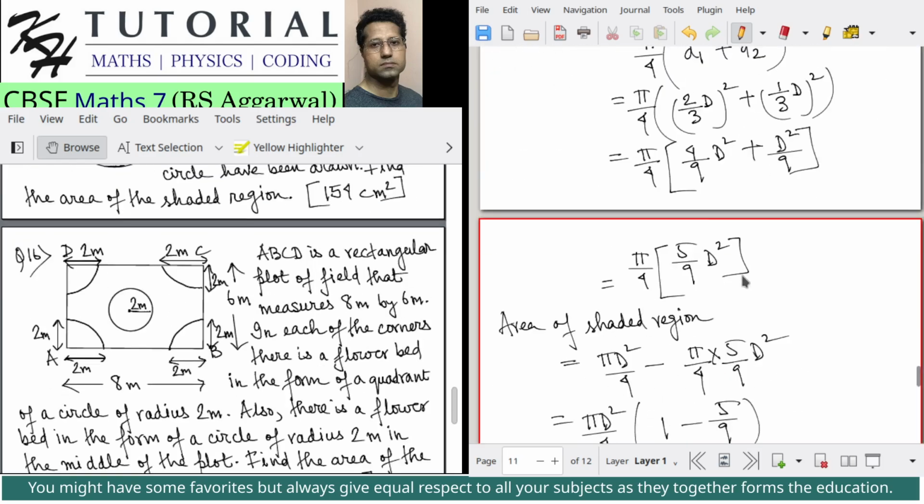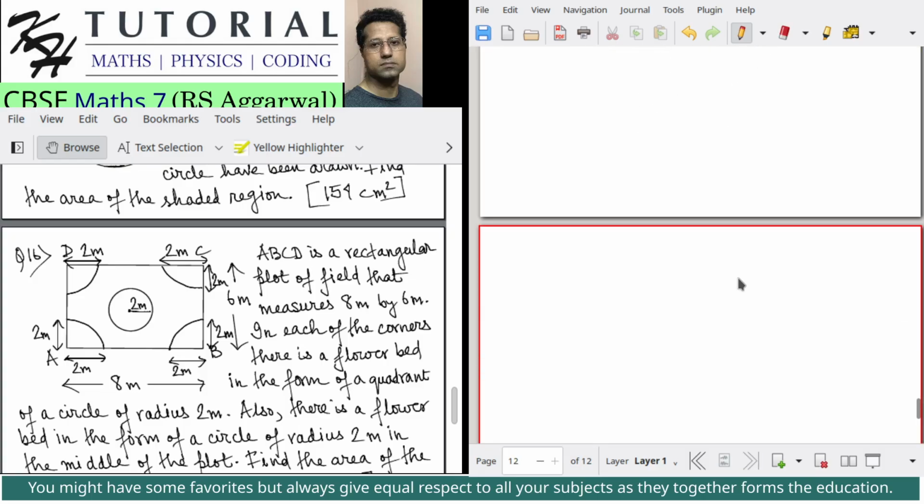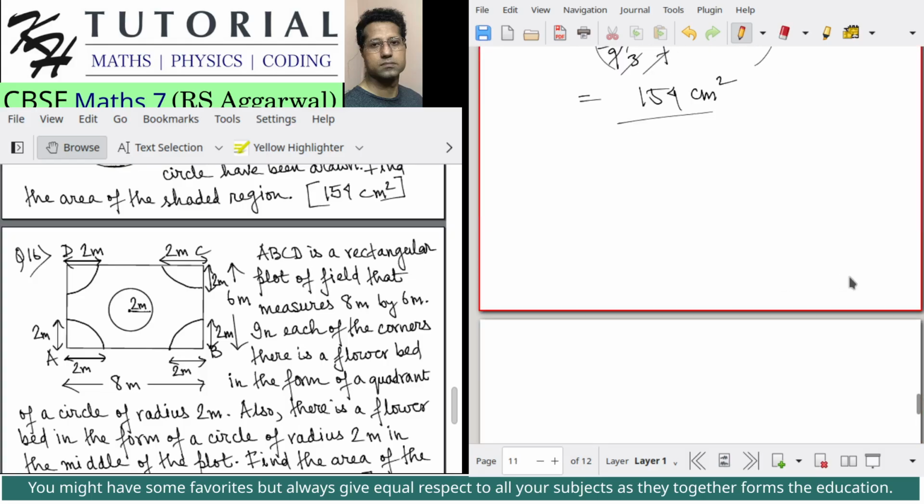So the last question, question number 16. ABCD is a rectangular plot of field that measures 8 meter by 6 meter.